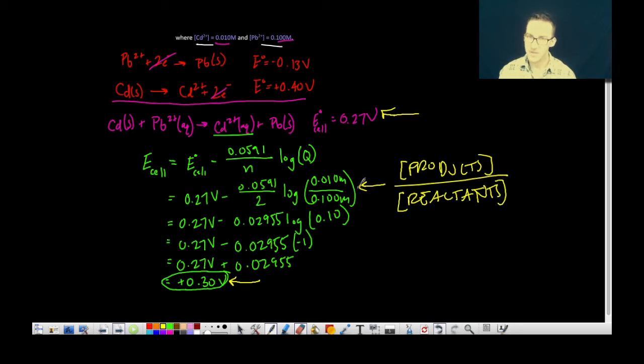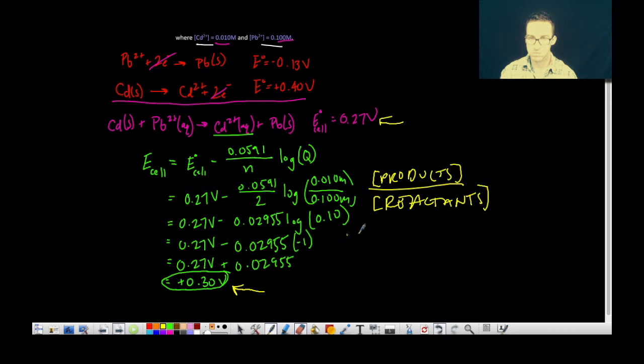The concentration of your reactants is greater than the concentration of your products.